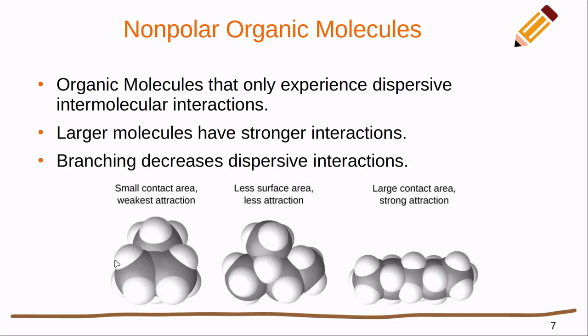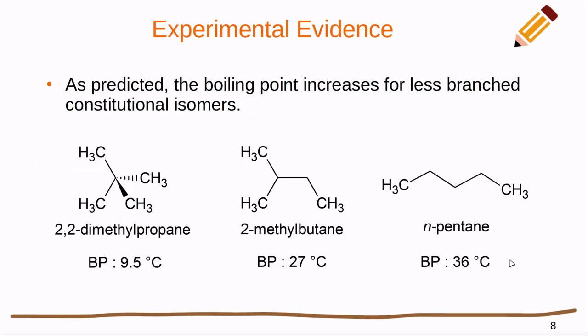This one that has a high degree of branching looks very much like a sphere, and we know from geometry that a sphere is going to have the maximum amount of internal volume and the minimal amount of surface area. As we start to decrease the amount of branching, we draw this molecule out, exposing more and more of that internal volume to the outside, which can then have dispersive interactions with other molecules.